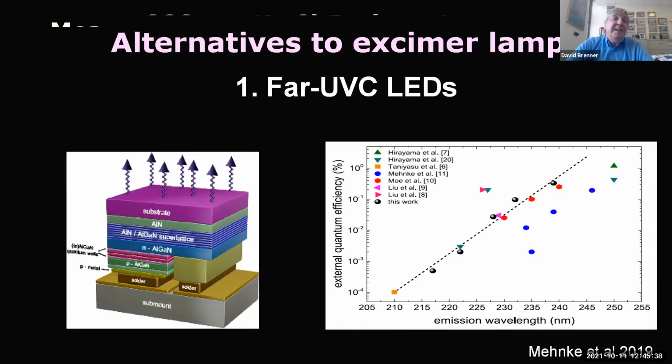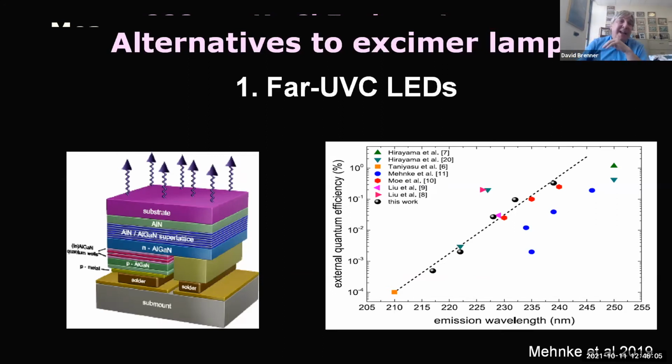Here's a plot by that Berlin group of the external quantum efficiency of LEDs as a function of wavelength. At 250 nanometers, you can get an LED which is maybe 1% efficient, which is pretty good.